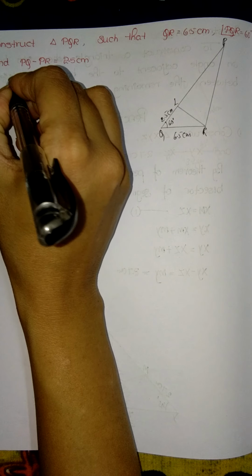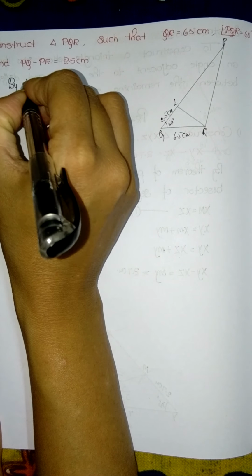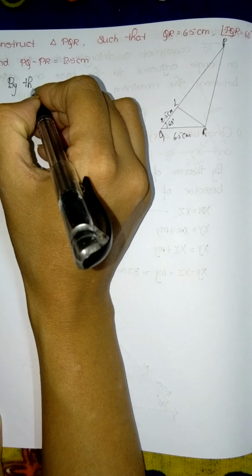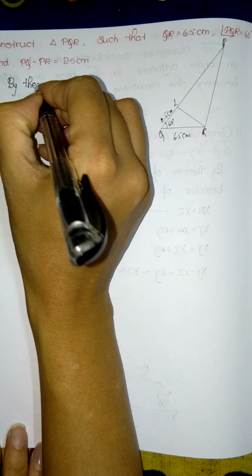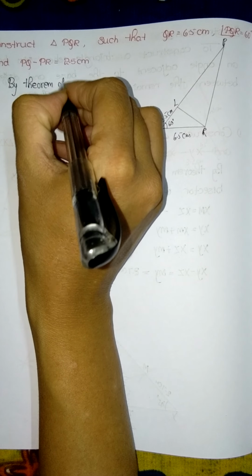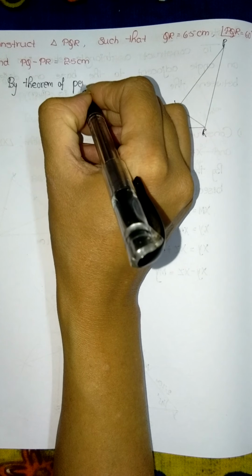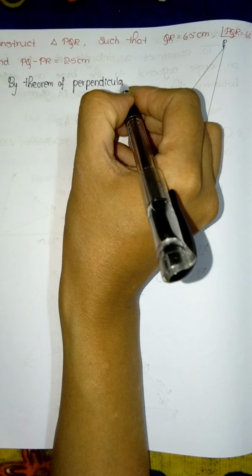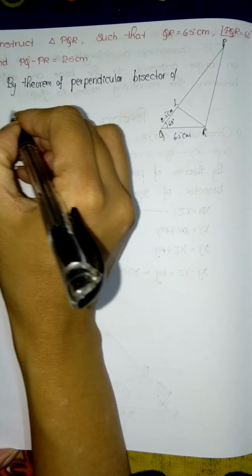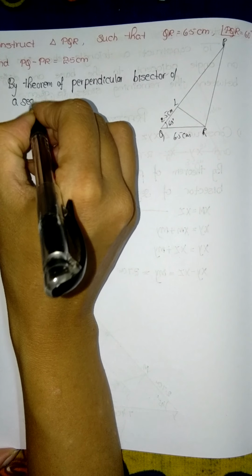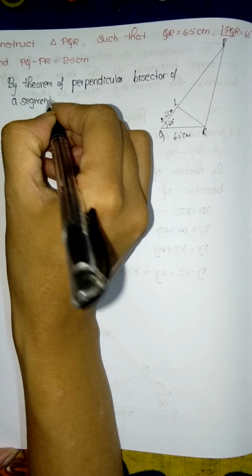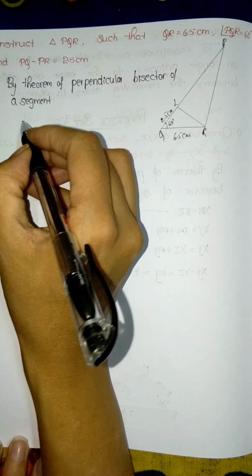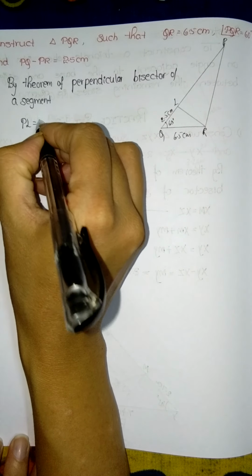So here, by the theorem of perpendicular bisector of a segment, we can say PL is equal to PR.